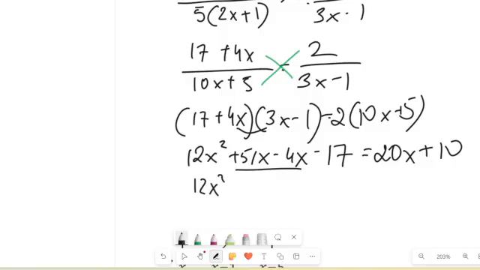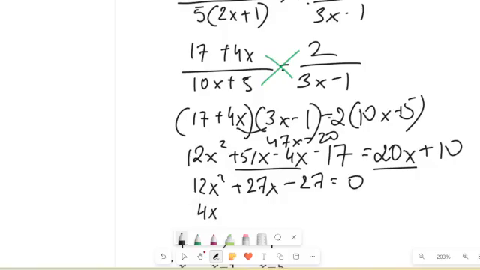This and this will give me 47x, and when I move the 20x to the other side, that turns to minus 20, so I get 27x, and then I have minus 27 equals to 0. I divide here everything by 3, so I get 4x squared plus 9x minus 9 equals to 0.